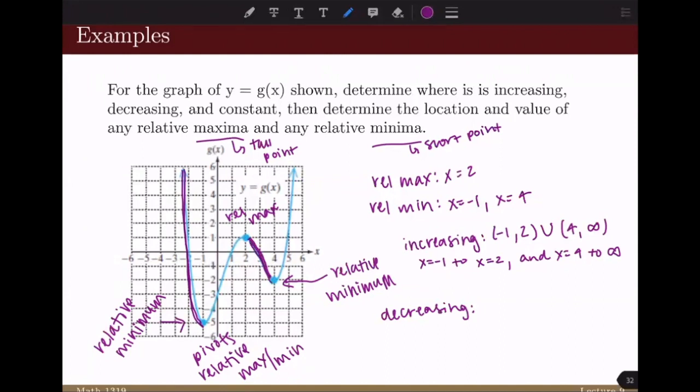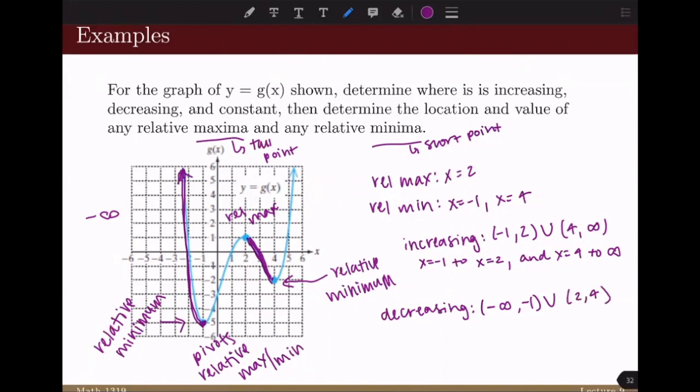So it's going to be decreasing from, well, what's x when we're going all the way up and up and up? It's going to be -infinity. So it's decreasing from -infinity all the way to -1. Union with 2 to 4.